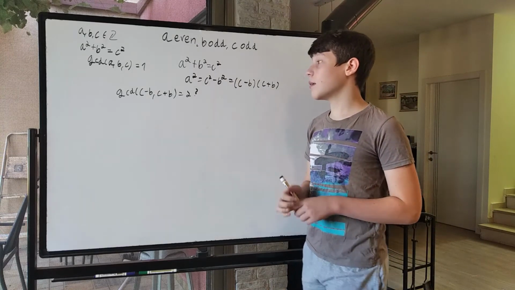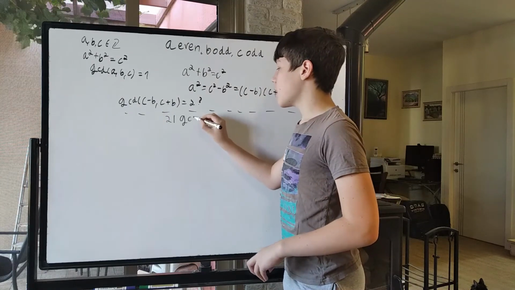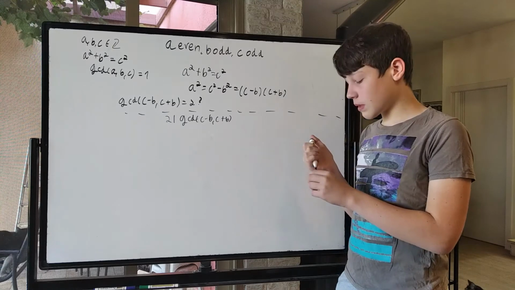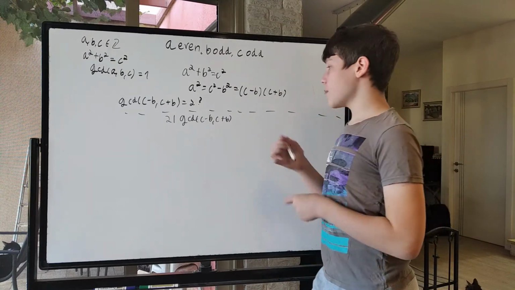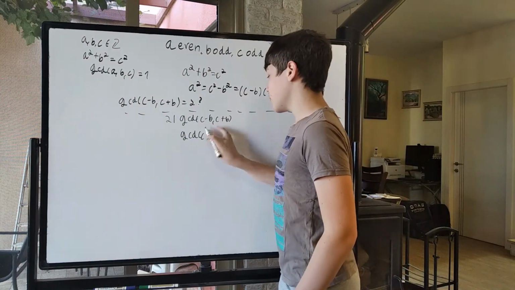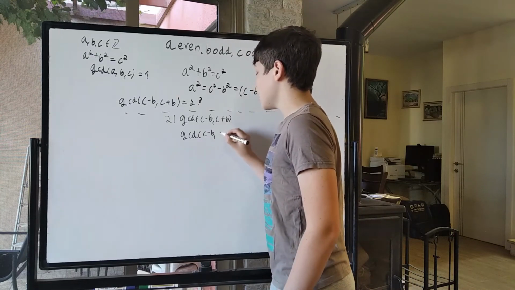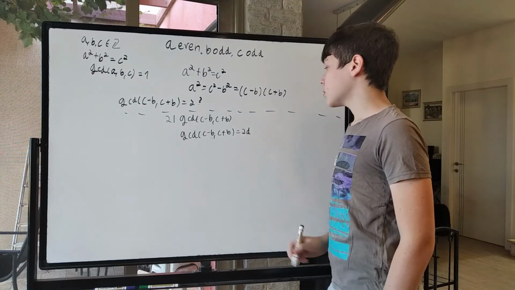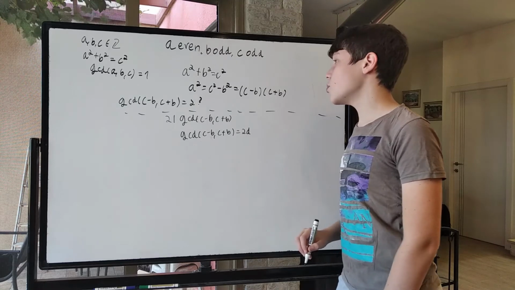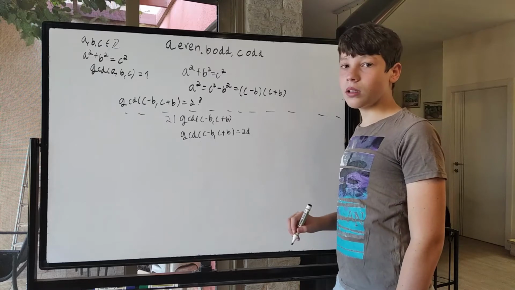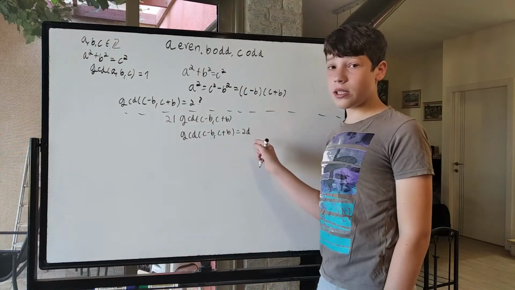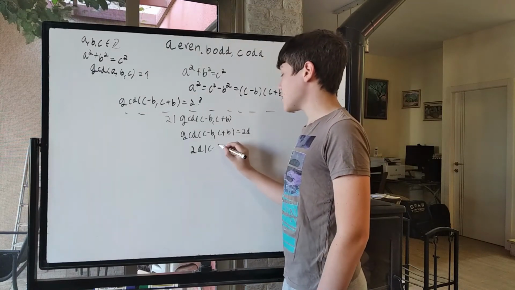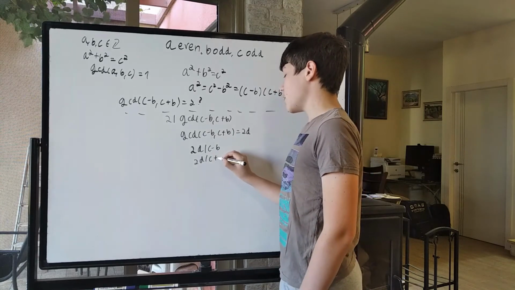Meaning that if these two are even, 2 has to divide the GCD of C minus B and C plus B. And so this means that we can represent the GCD of C minus B and C plus B as 2 times D. And we get, if their GCD is 2 times D, that means, obviously, because 2D is the GCD between C minus B and C plus B, we know that 2D divides C minus B and at the same time divides C plus B.